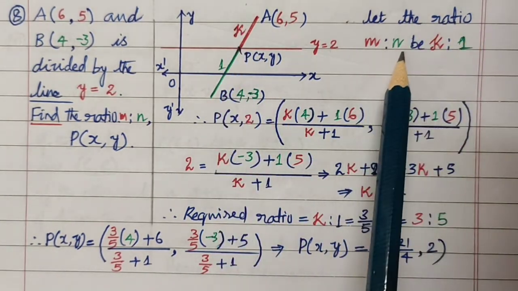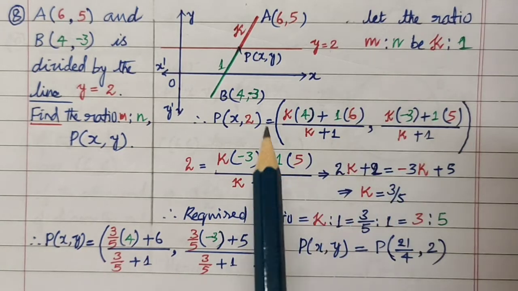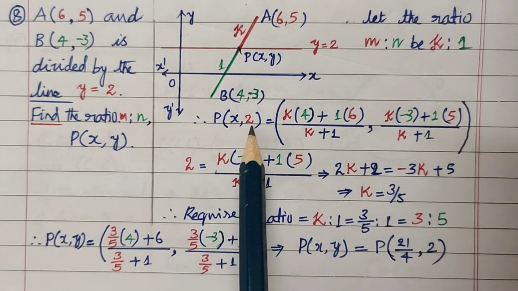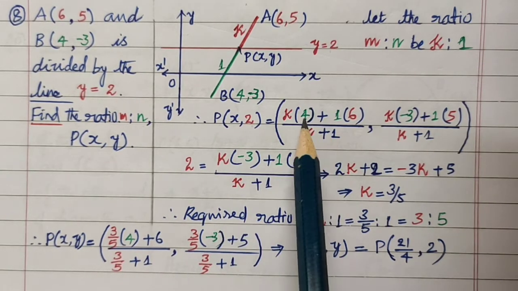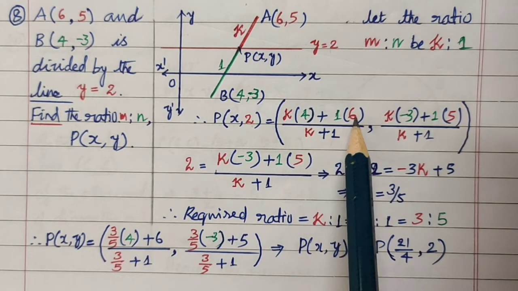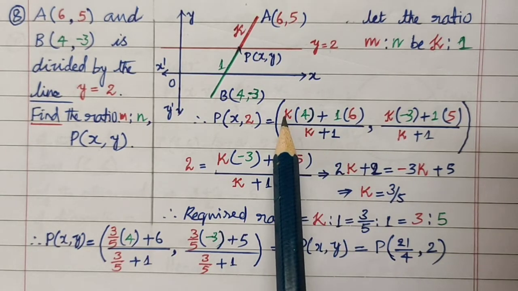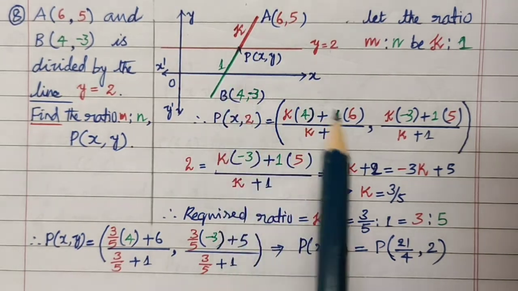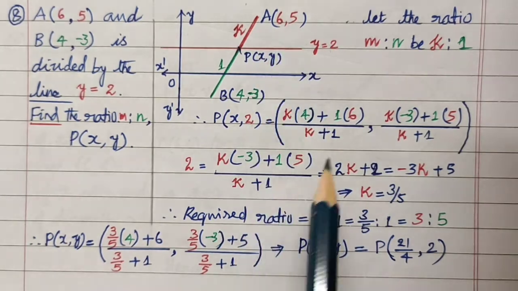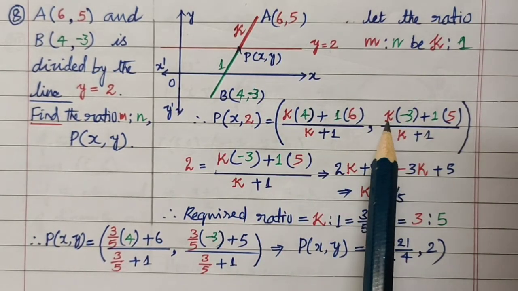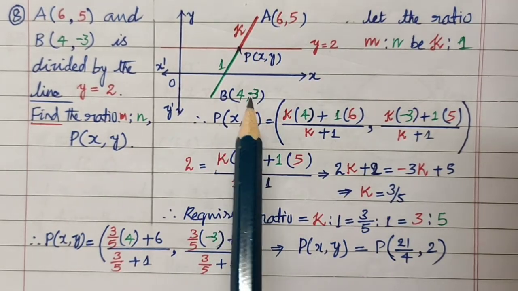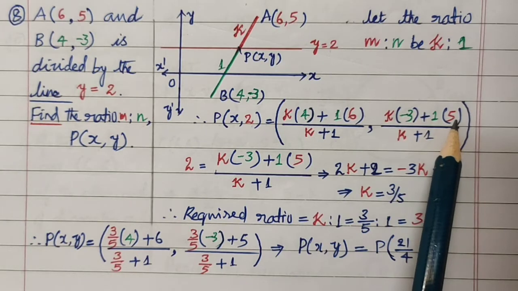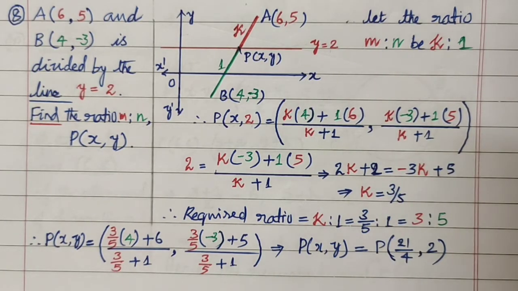Let the ratio be m is to n, or k is to 1. The point P(x, y) is given by x = (m x2 + n x1) / (m + n), with m = k, x2 = 4, and so on; y = (k into -3 + 1 into 5) / (k + 1).